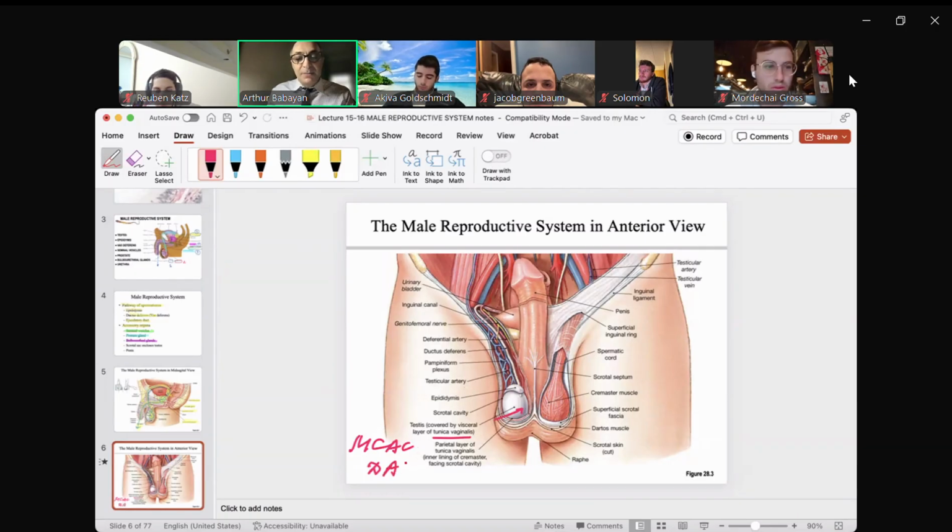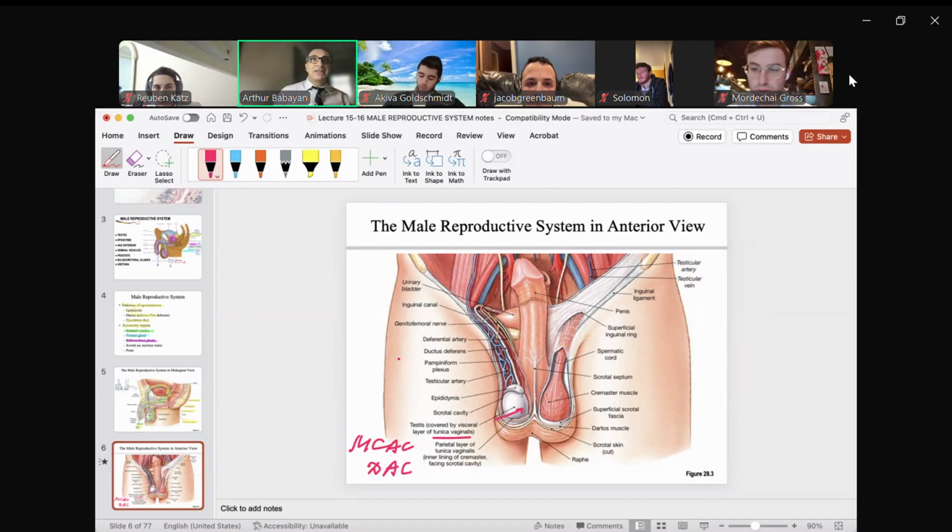Because between the tunica vaginalis and tunica albuginea, some fluid could accumulate, or there could be enlargement of the testicular veins. That leads to varicocele, which is enlargement of the testicular veins.